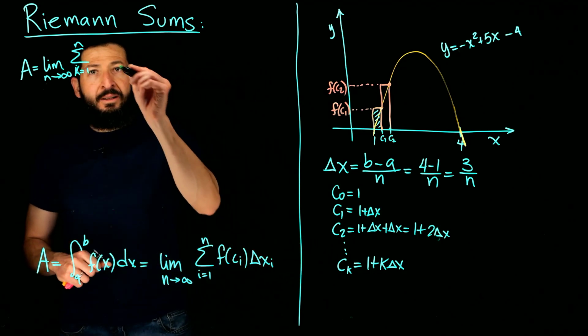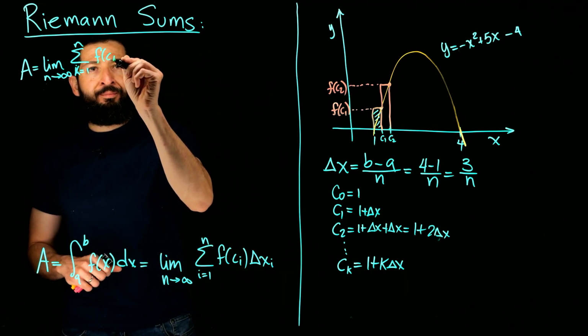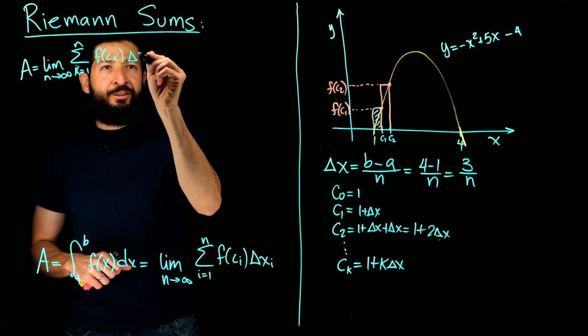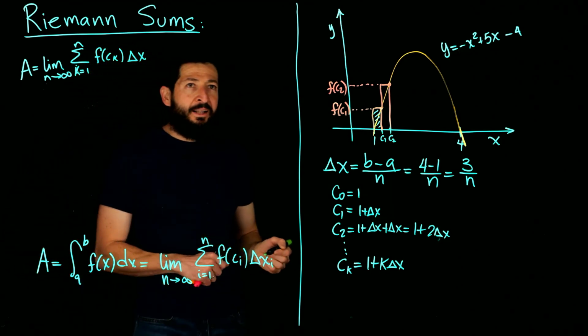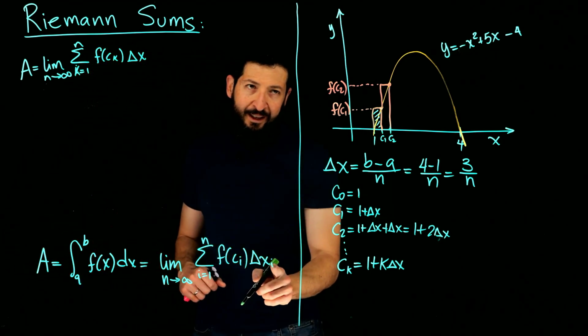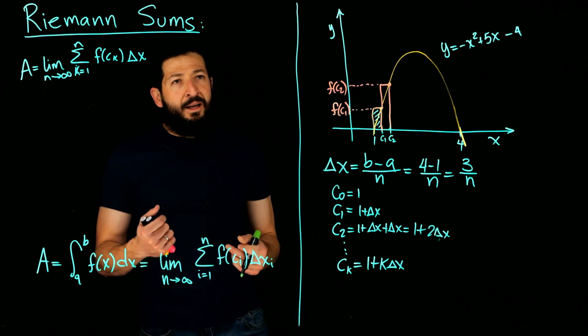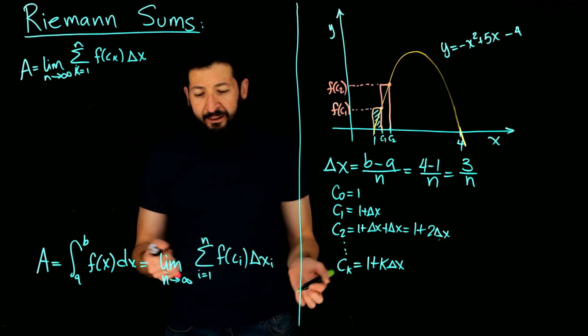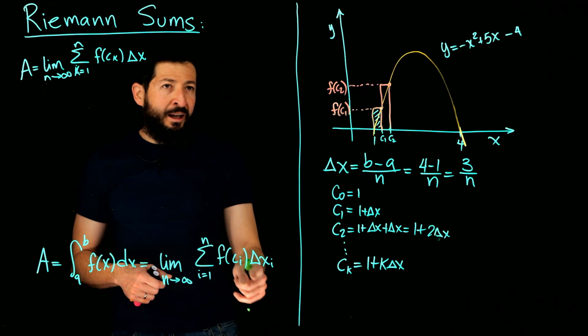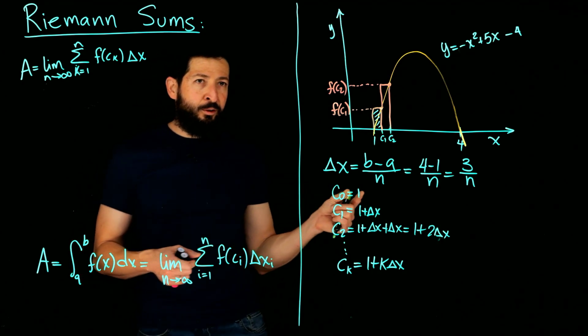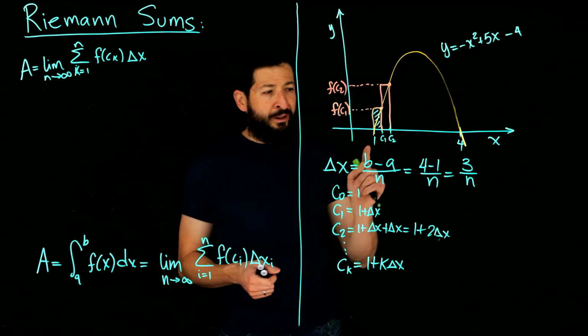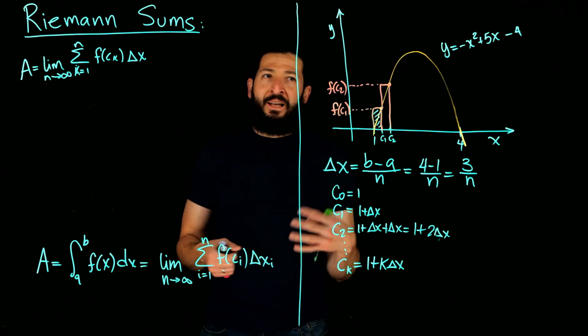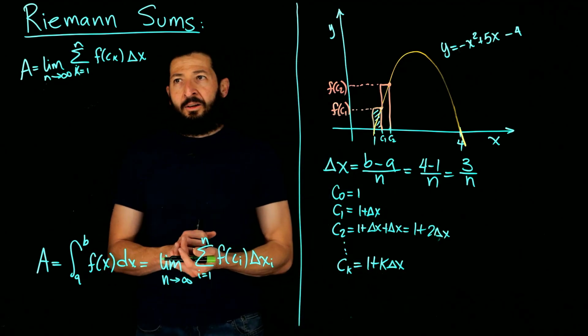And then it's going to be f of c sub k delta x. Now, I didn't write delta x sub k as I have here, because remember, in the full generality of Riemann sums, you can have any width of your subintervals. We're not doing that. We're picking them to be fixed, because that allows us to compute everything a lot easier.